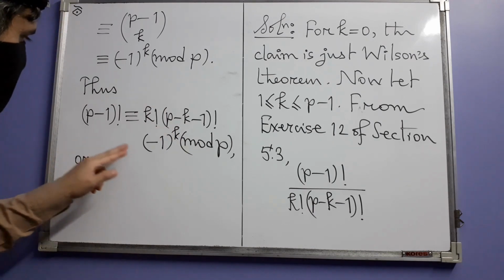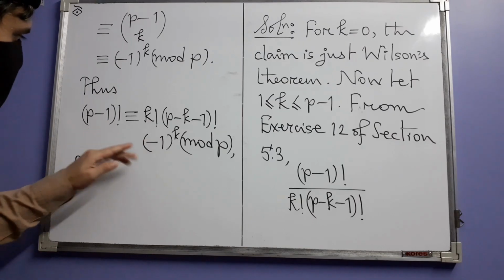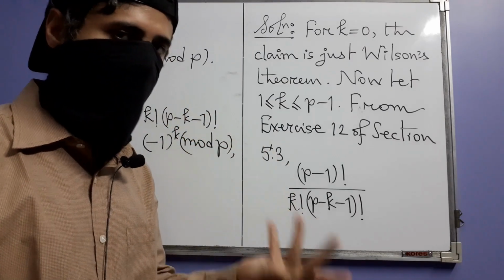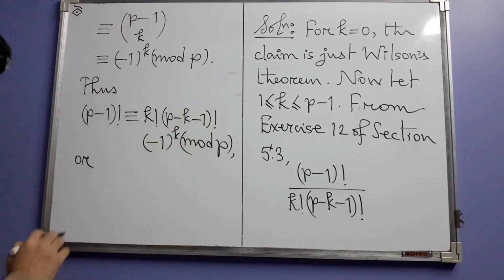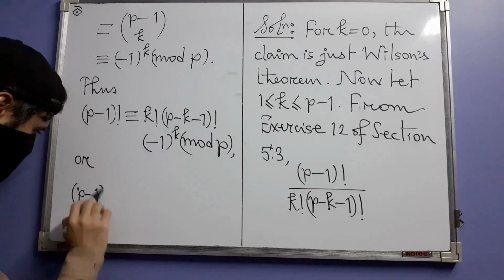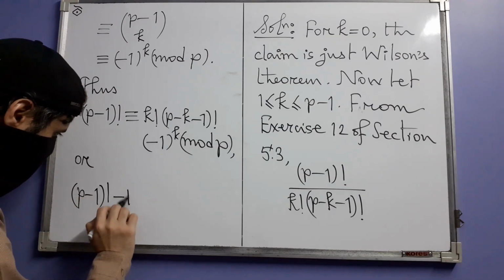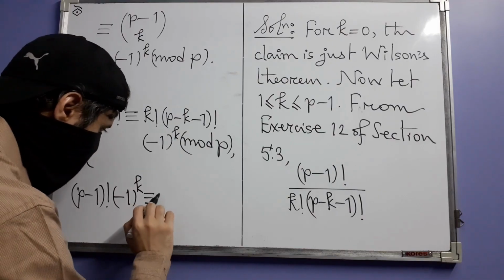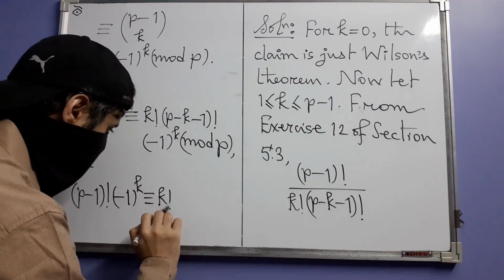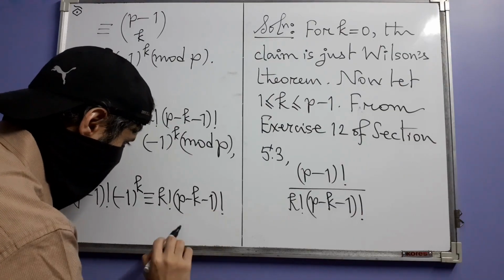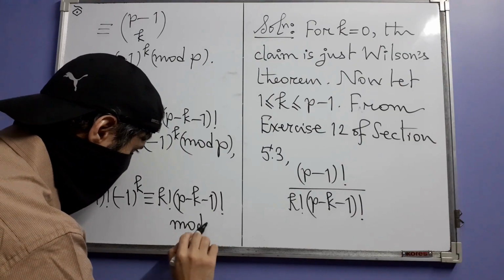And if we do that, this will come to this side, and on this side it will be minus 1 to the power 2k, which of course will become 1. That is, we will then have this congruent to k factorial times p minus k minus 1 factorial modulo p.